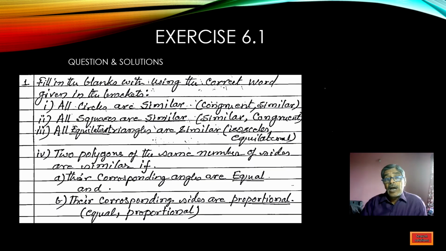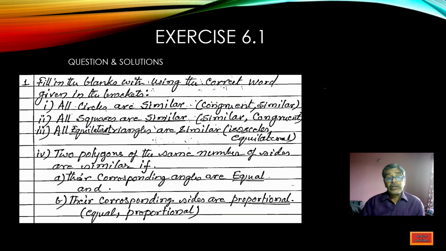Suppose I take an equilateral triangle and take one more equilateral triangle of the same sides and same angles. Of course, in an equilateral triangle all the angles are the same. So if I draw both triangles, both have the same shape, same size and the same angles. So it is congruent.